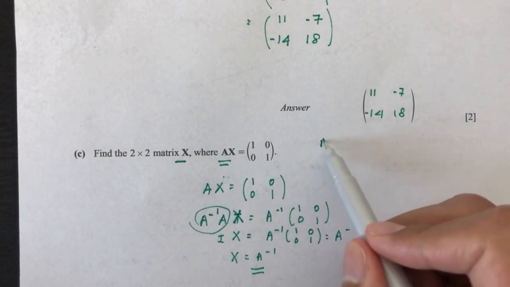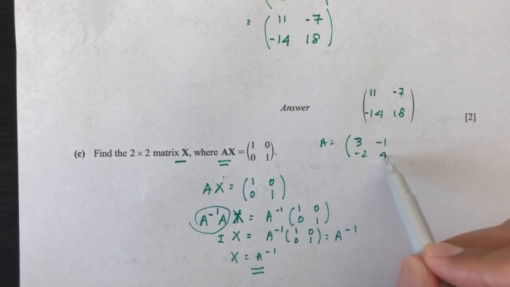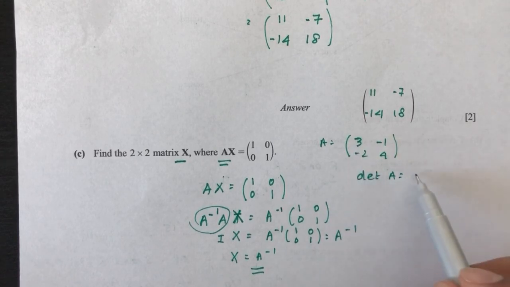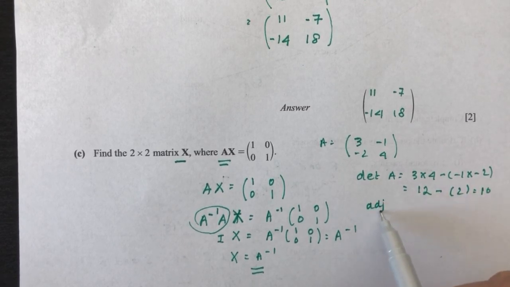So we know that A is this matrix, 3, minus 2, minus 1, 4. Find the determinant of A. So it will be 3 times 4 minus minus 1 times minus 2. That will be 12 minus 2. That will be 10. Now what is the adjugate matrix of A?